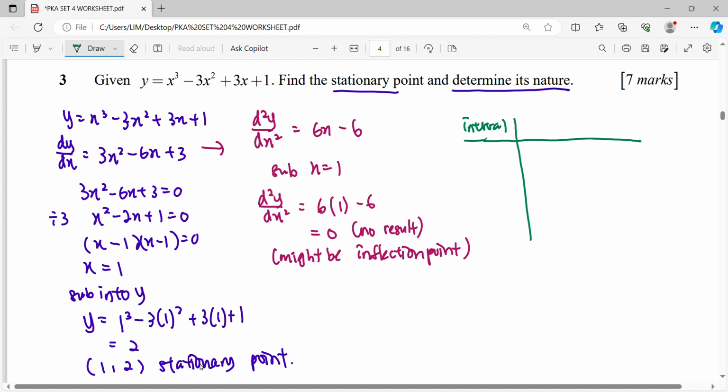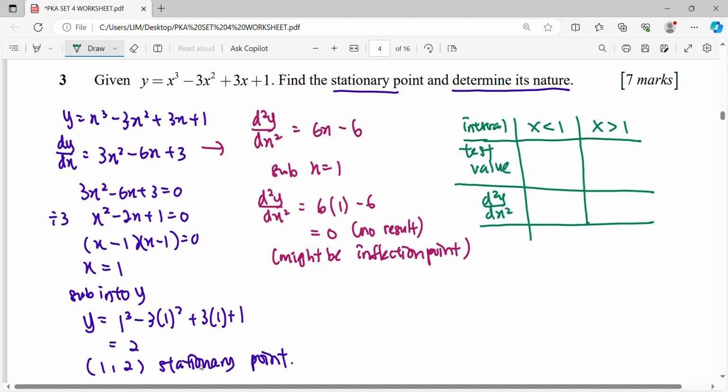Intervals: we want to know x less than 1, x greater than 1, for d2y/dx squared, that value, and then the result, then the conclusion.